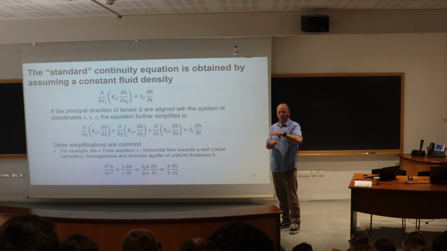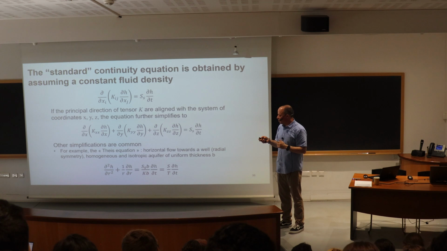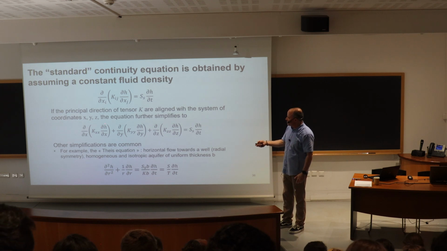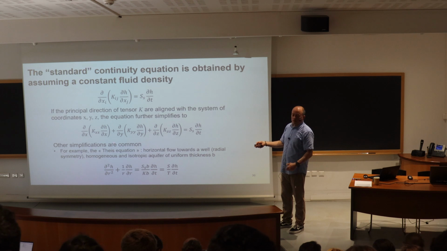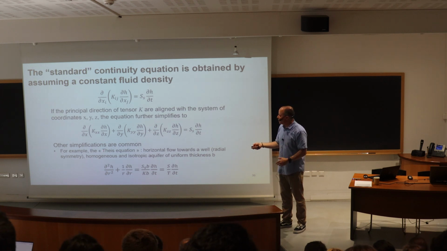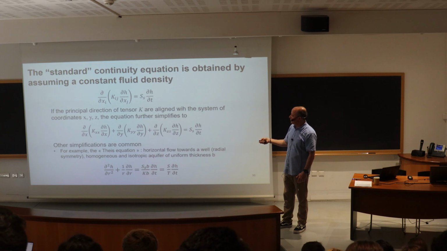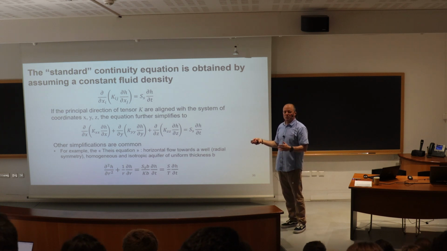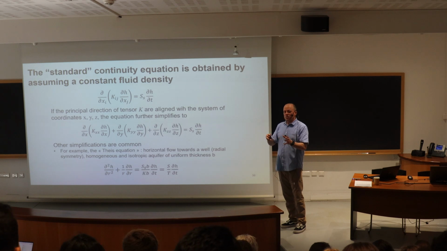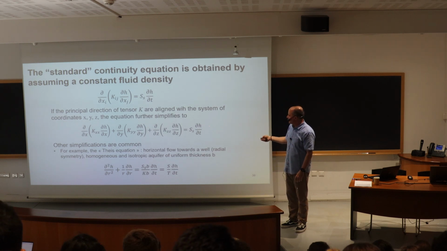You just do some rotation of your coordinates and you can align with the principal directions. But this is something that you might see more often, the 3D form for the case where the system of coordinates are aligned with the principal directions. So we have three flow terms. Again, think of these three flow terms as being the mass balance application in x, y, and z, and we have the mass accumulation term.